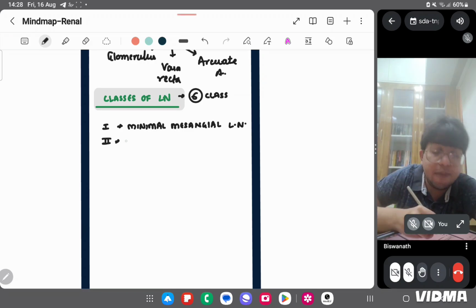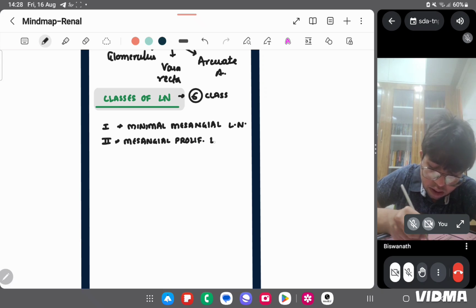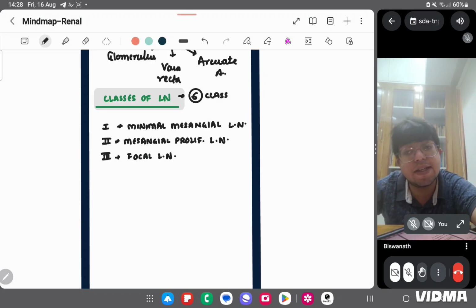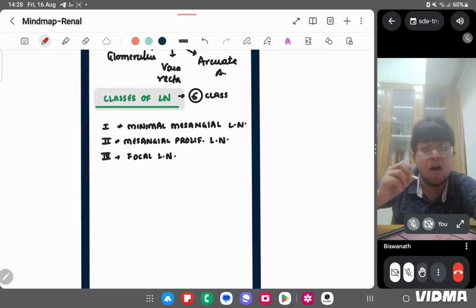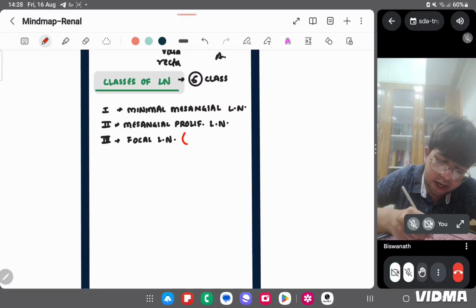So mesangial proliferative lupus nephritis. Third one is called focal lupus nephritis. Here less than 50% of the blood vessels are involved, so less than 50% involvement is present.